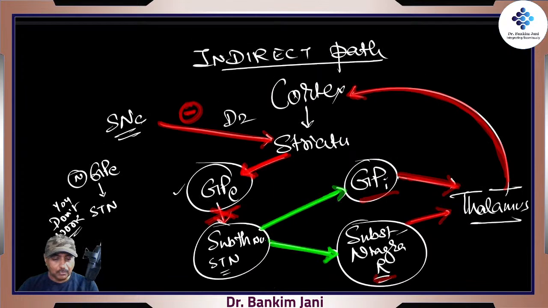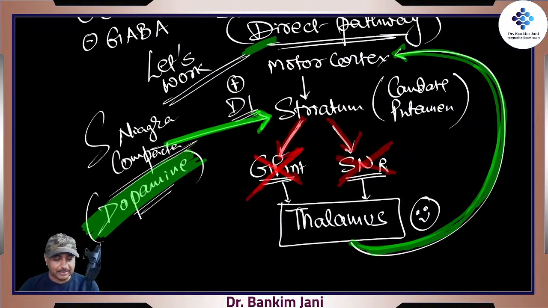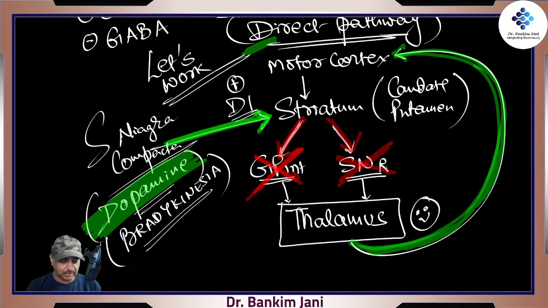Now what happens when this compacta goes wrong? See, when the compacta goes wrong in the direct pathway, it leads to bradykinesia. Bradykinesia means slow movement, right? Slow movement, because that finer control is lost, so everything slows down, right? This is the importance of dopamine.